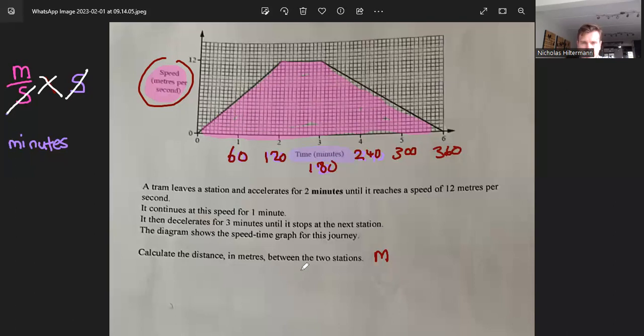Okay, so I'm going to do this in different steps. I'm going to do the triangle first, so let's do this triangle in green. I'm going to get that area first in green, then I'm going to get this area here, and then the area of this triangle here.